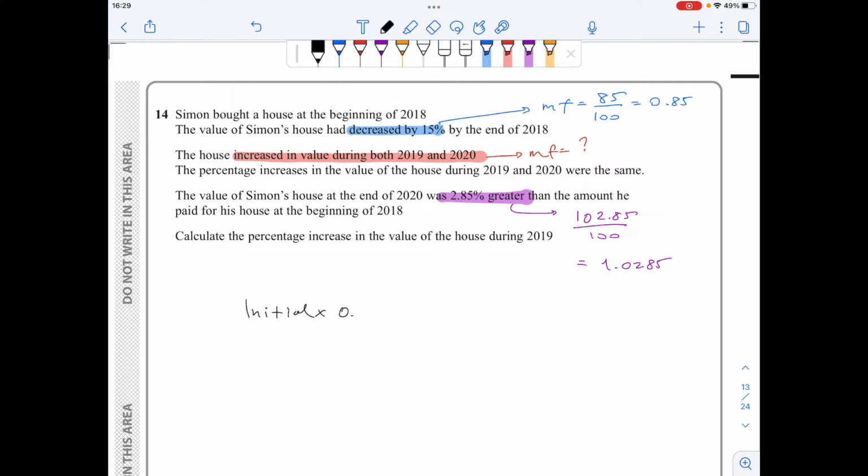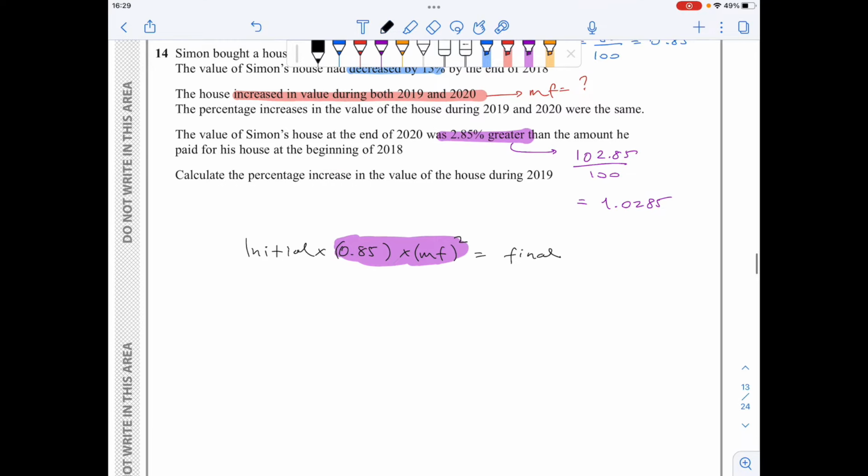Hence, the initial value times the 0.85, which is the initial multiplying factor, times the second multiplying factor to the power of 2, because that is for 2 years, will give me the final value. And I'm being told that the overall change, so if I multiply this, I will get the 1.0285.